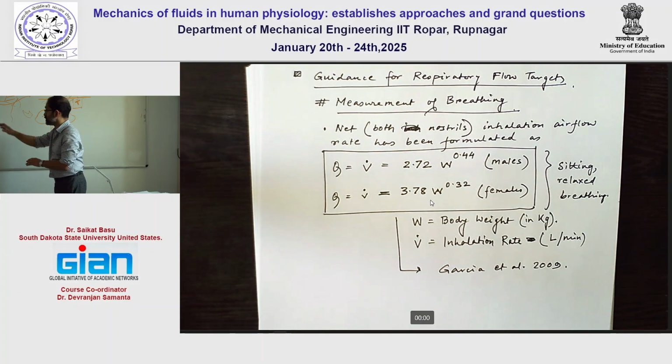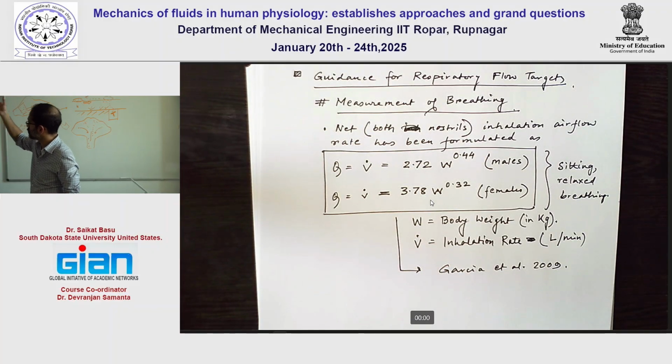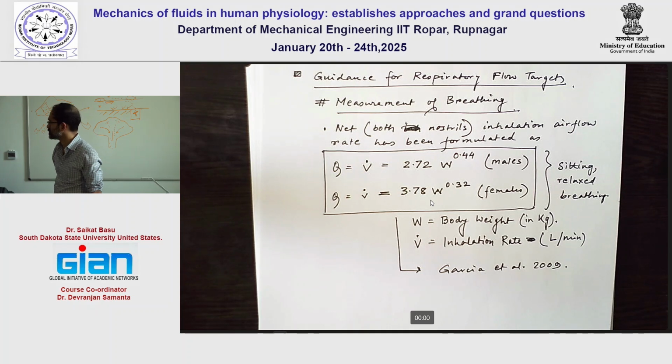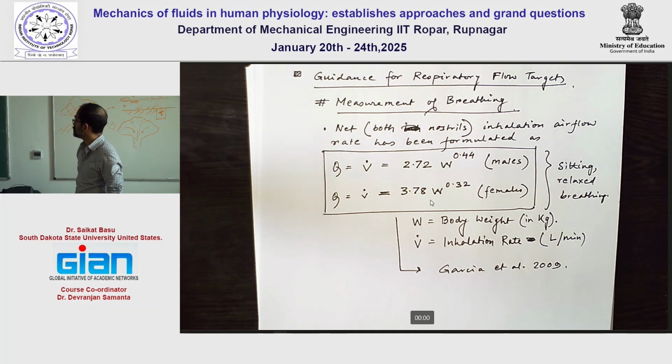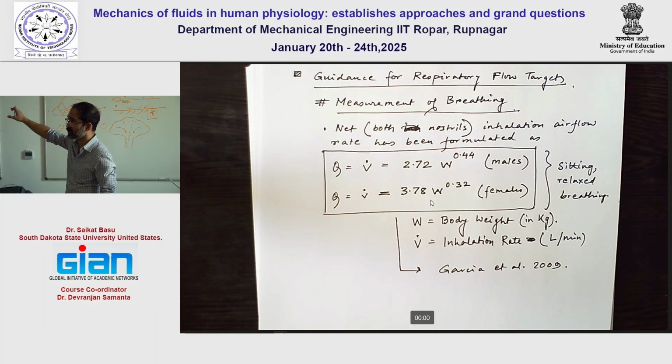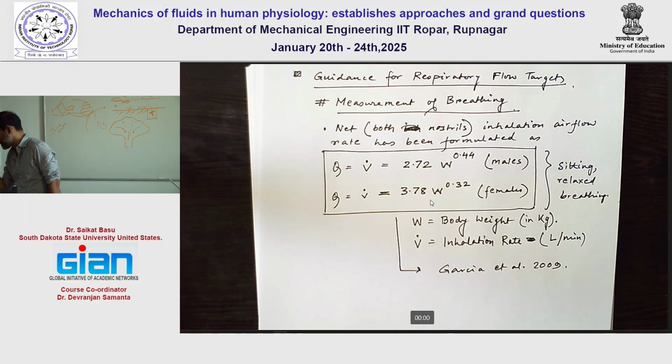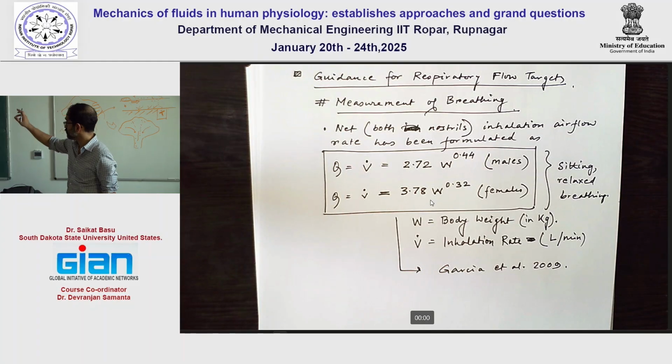And Garcia is one of my seniors in the group. I was a postdoc at university. So he's a faculty at Wisconsin now. Anyway, so he collected all these measurements, and this is the empirical formulation that they could achieve. So from then onwards, whenever we are trying to simulate flows where we have to develop something specific for that person, we would use that.